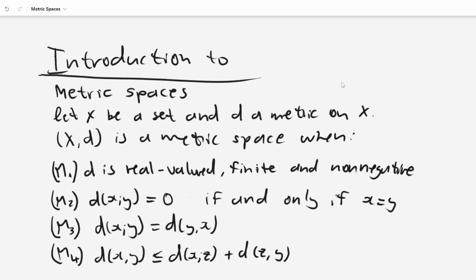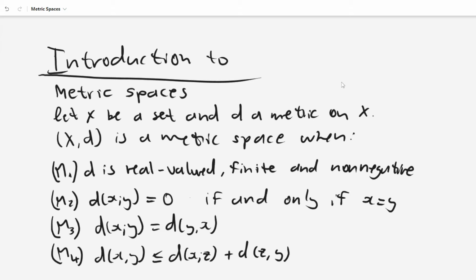And then fundamental property 4 is what's referred to as the triangle inequality, and that's where the distance between 2 points is always shorter than or equal to the distance between the point and a third point, and the third point and the eventual y value. Schematically, you can show that with a triangle.